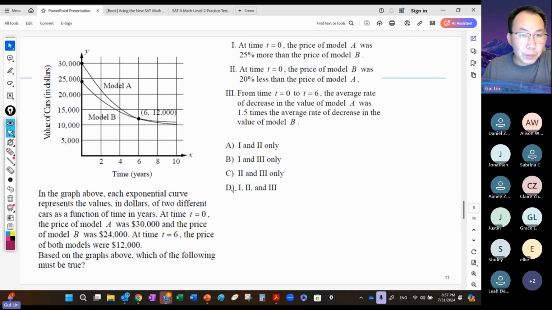Okay, let's move on to the next one. This part is decaying, right? You can see initially the bases are a little bit different. One is 25,000, the second one 30,000, and they're decaying. And when you go to year 6, they have the same numbers.